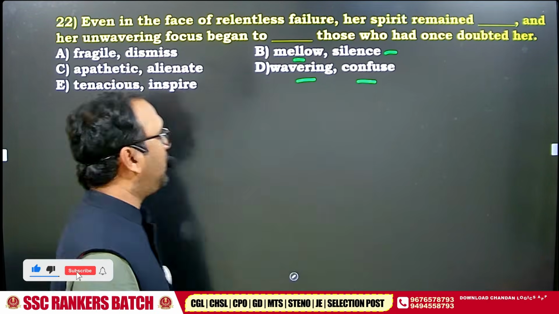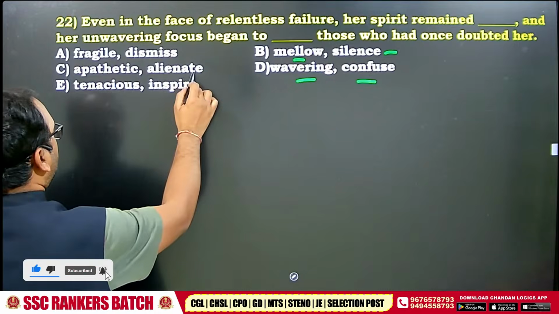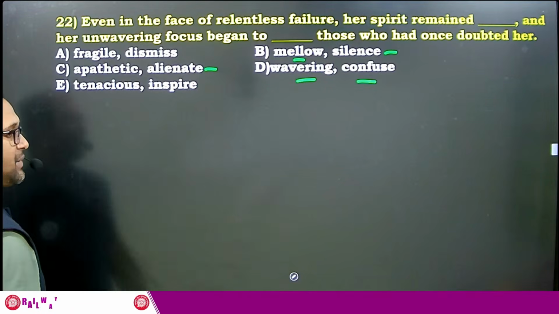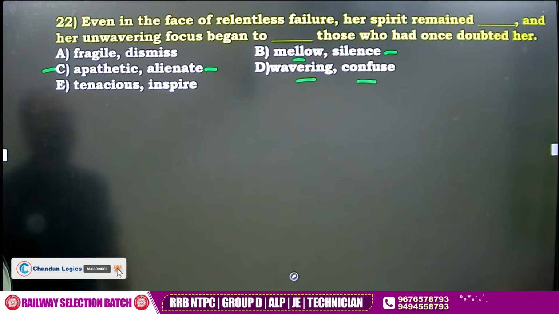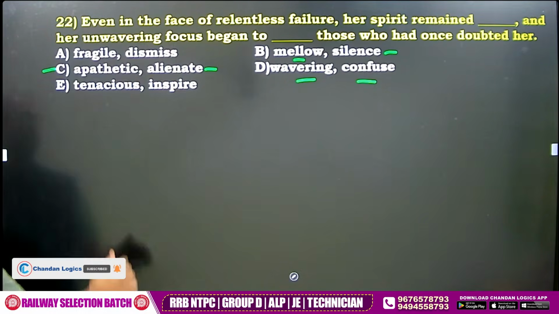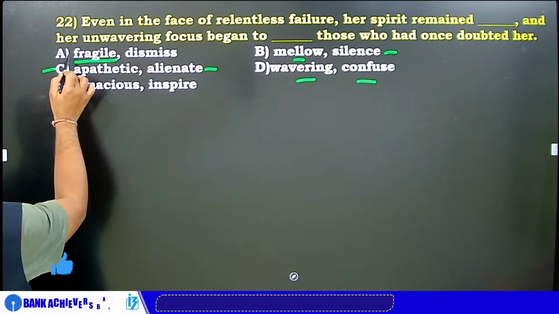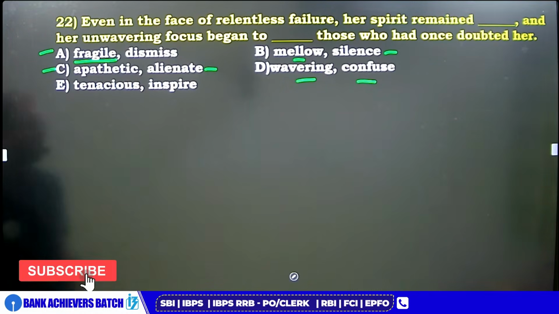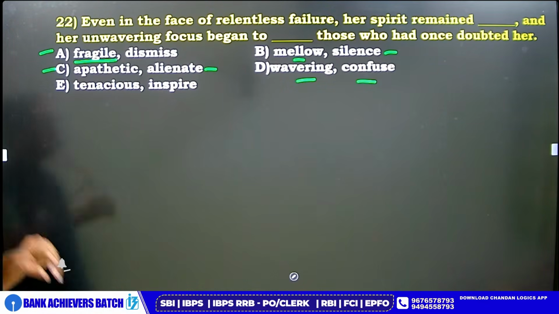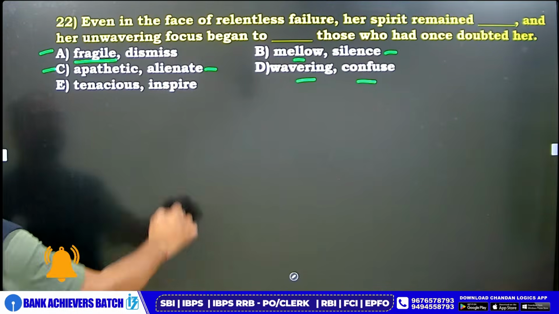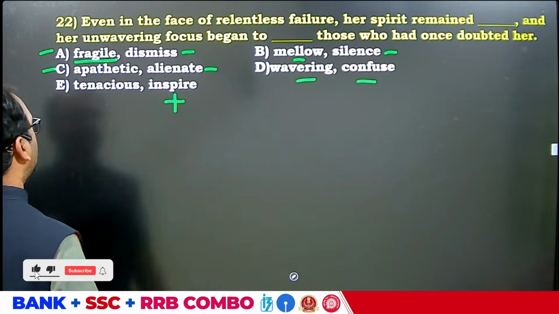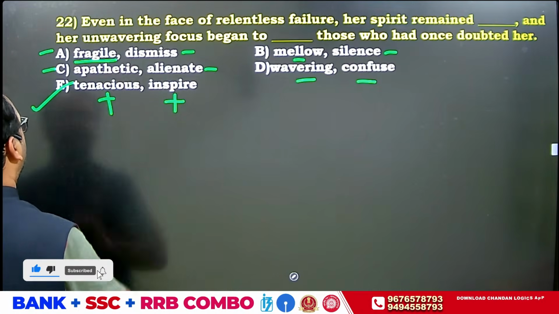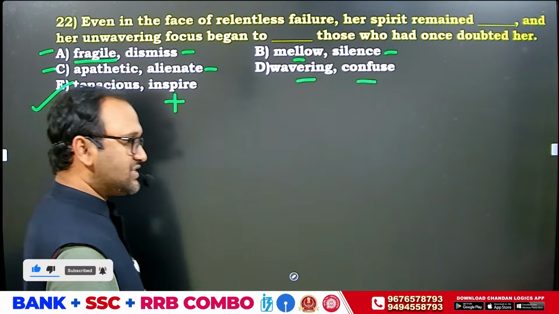Alienate means separate. Minus. Apathy means having no interest. Minus. Fragile is very, very weak, very delicate. Minus. Dismiss is dismiss. Minus. Inspire is positive. Tenacious means a never-give-up attitude. Oh my goodness.